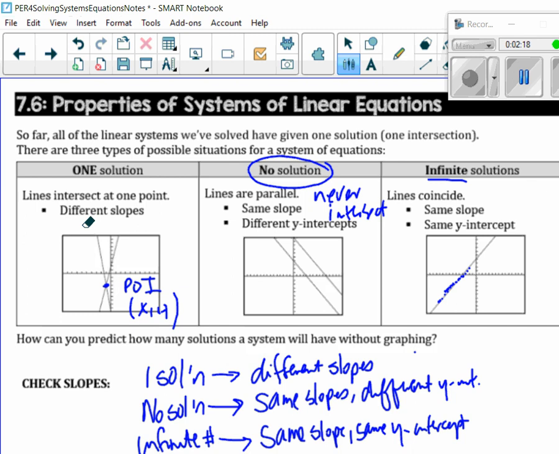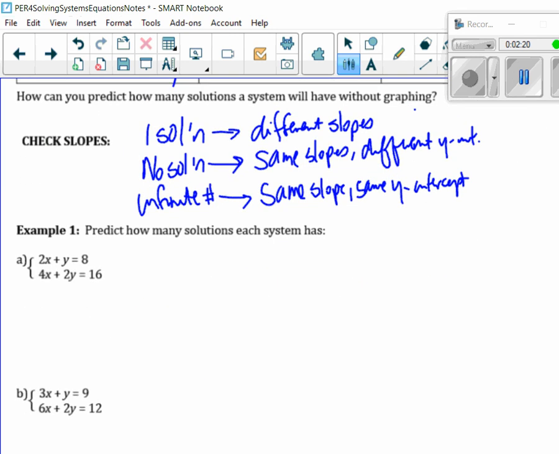Okay, so let's look at the first example here. I can't tell anything by the way it's written, right? Do you see that? So what should I do? Yeah, so if I put this into slope-intercept, I get y equals negative 2x plus 8.